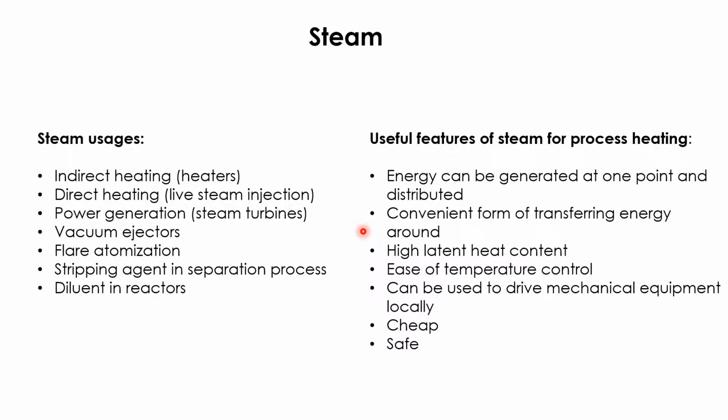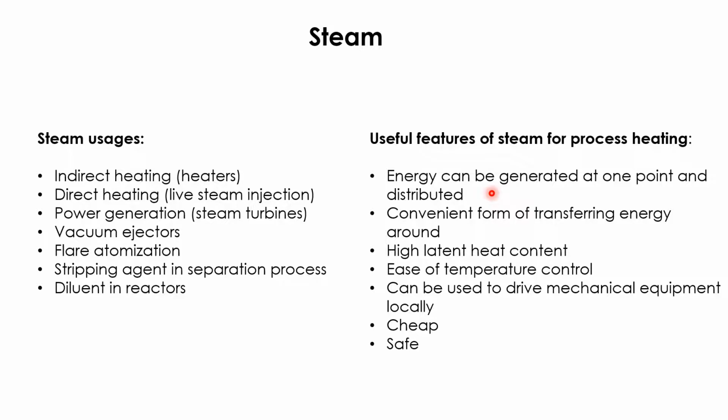So why is steam used in so many different applications? These are the features of steam that make it very interesting in chemical processes. By using steam, we can generate energy, heat in this case, at one point and then distribute it.